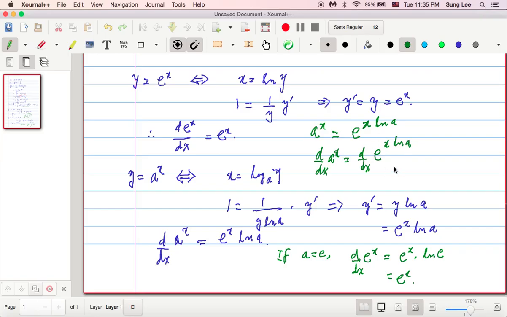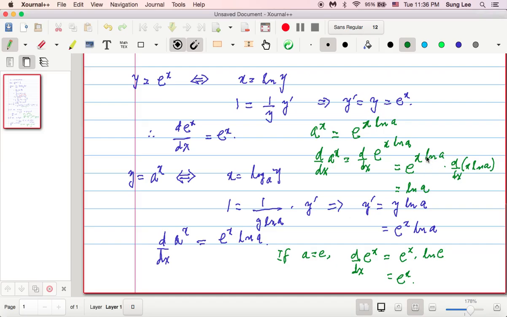The e to the x ln a is a composite function, so using this formula, first it becomes itself, e to the x ln a, and then you multiply by the derivative of x times ln a, which is just ln a, since ln a is a constant.